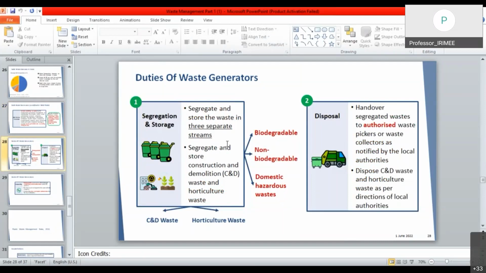Then segregate and store construction and demolition waste, C and D waste, which is dealt with separately, and horticulture waste. The waste generated is either biodegradable or non-biodegradable or hazardous waste.